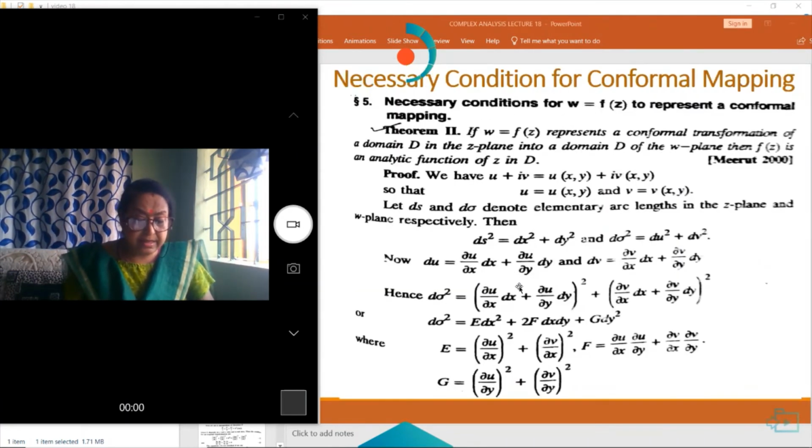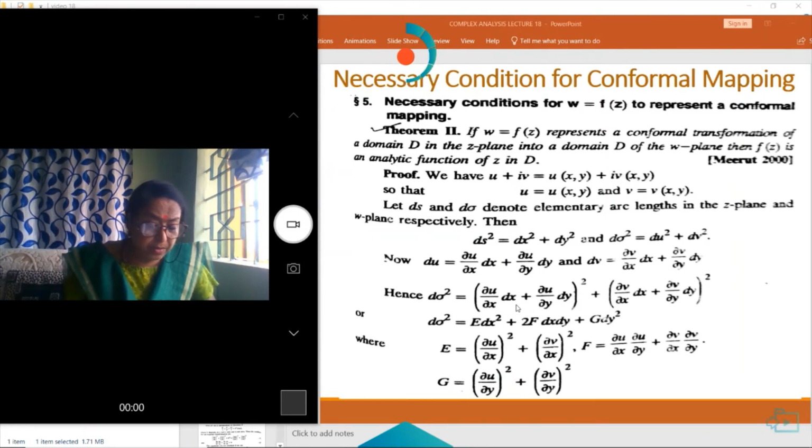Next, the necessary condition for W equal to f(z) to represent a conformal mapping.